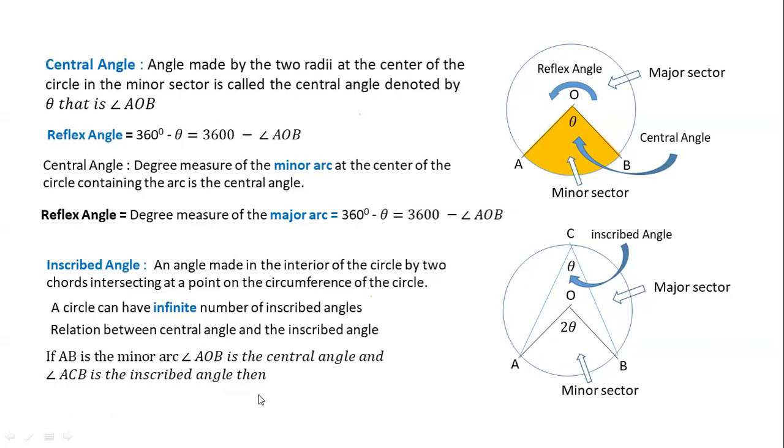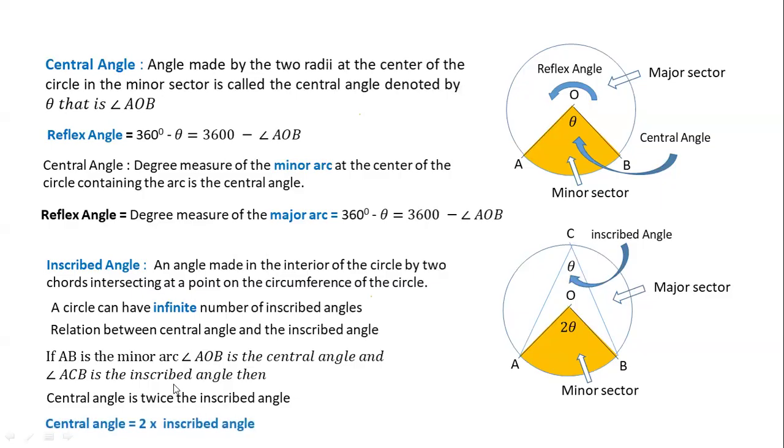Then the central angle is twice the inscribed angle. Clear? So the central angle is 2 times the inscribed angle.